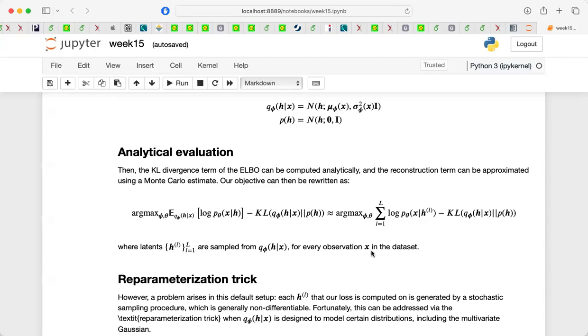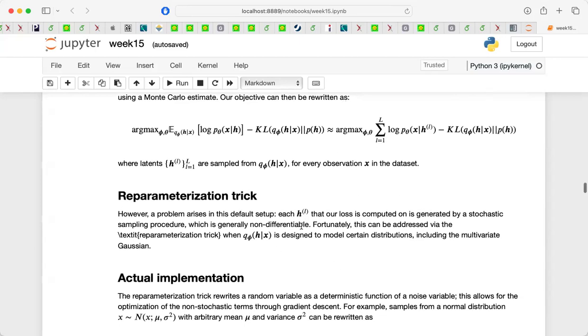Now, one of the problems, and this is a technicality called the reparametrization trick, is that each of these H that we need to compute is normally generated by a stochastic sampling procedure, which is generally not differentiable.